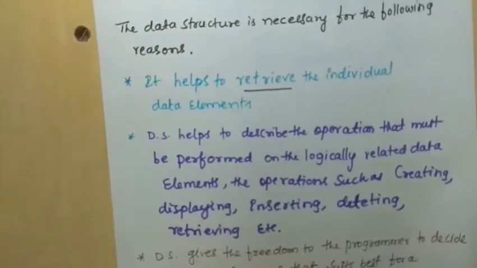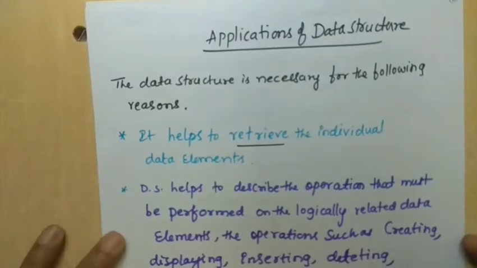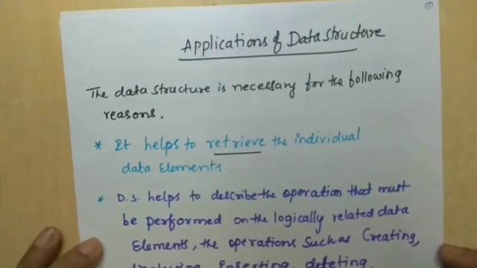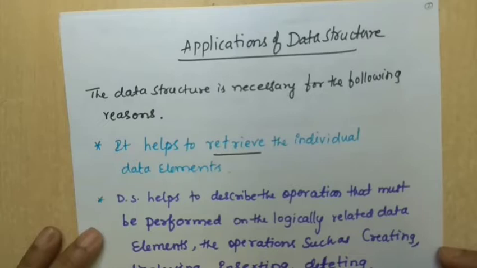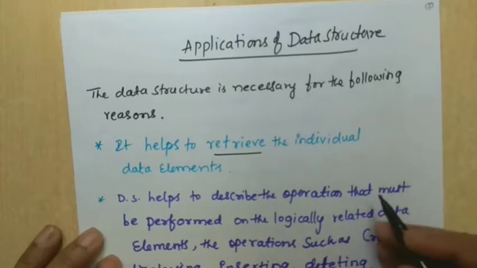Now let us study the applications of data structure, that is, how it is necessary for us. Data structure is necessary for the following reasons. It helps to retrieve individual data elements.